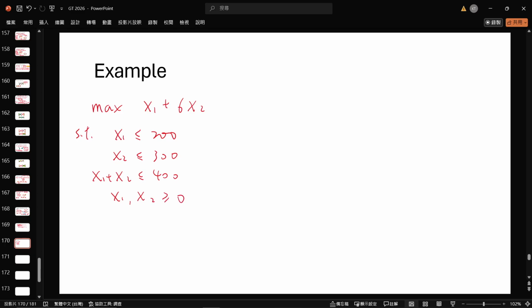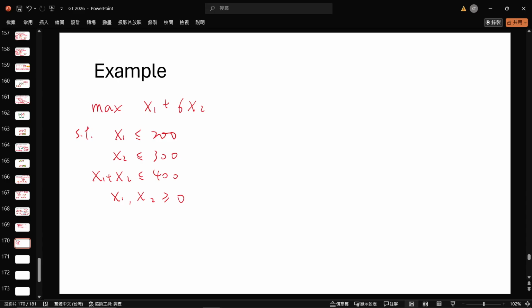So your goal is to find a proper setting of x1 and x2, so you want to find some values for x1 and x2 so that you can maximize x1 plus 6x2. So this is your goal, okay?